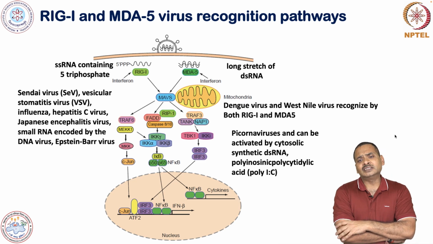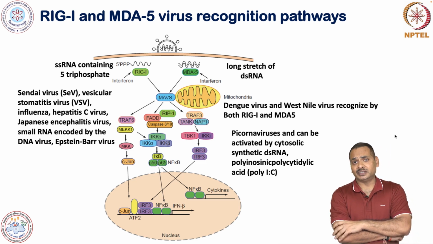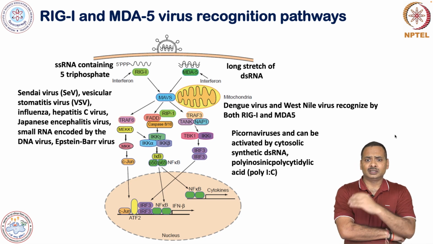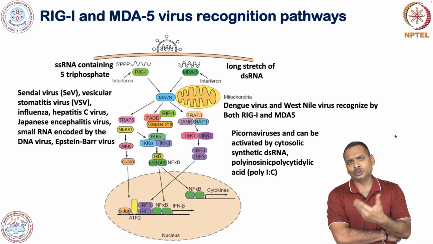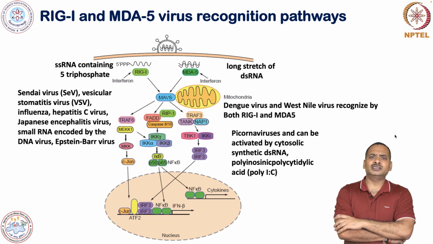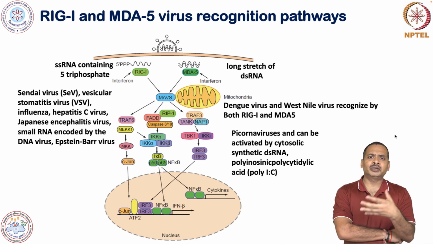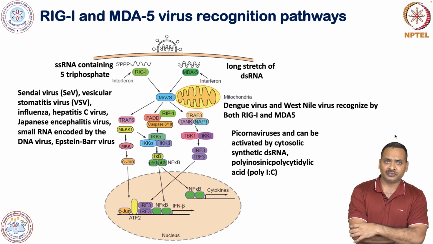MDA5 basically senses the picornavirus and can be activated by cytosolic synthetic double stranded RNA. I have told you previously, if you introduce synthetic poly IC inside the cell, then that will mimic a virus infection, and it is mainly sensed by MDA5.